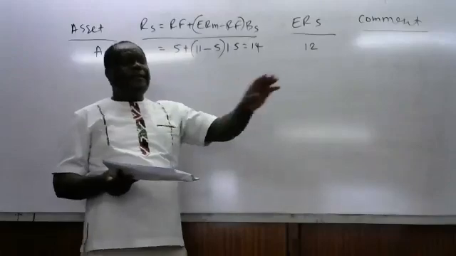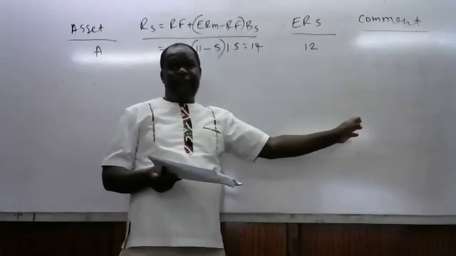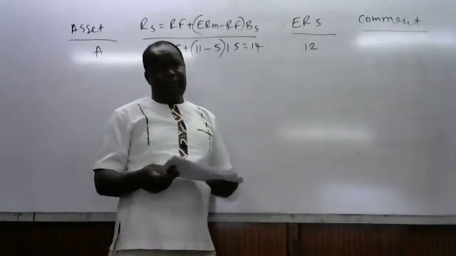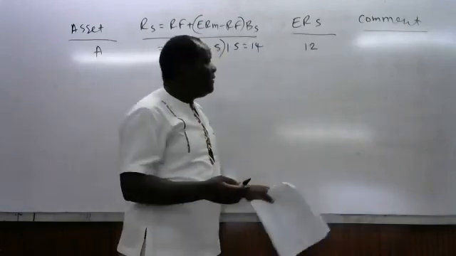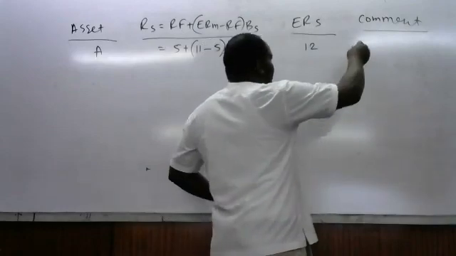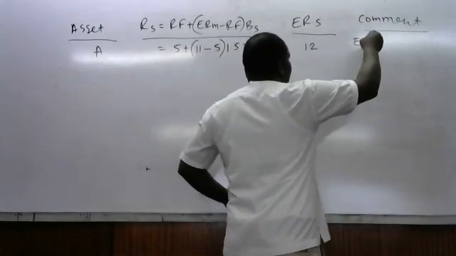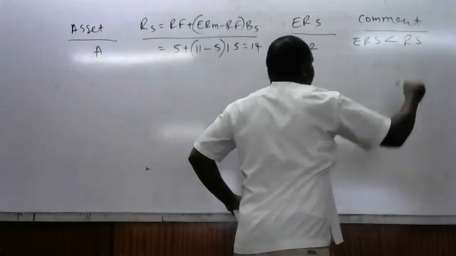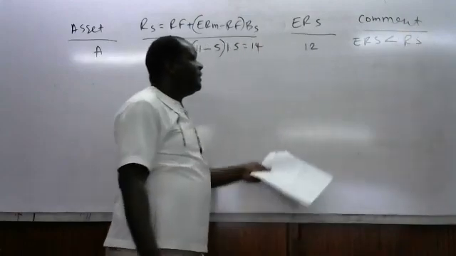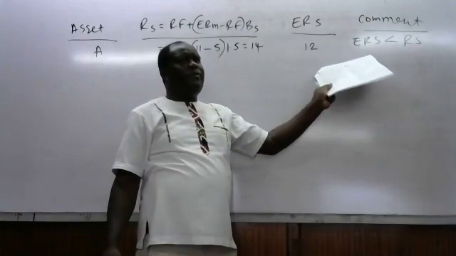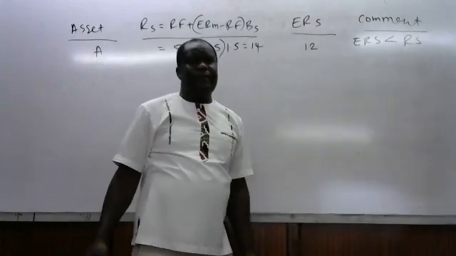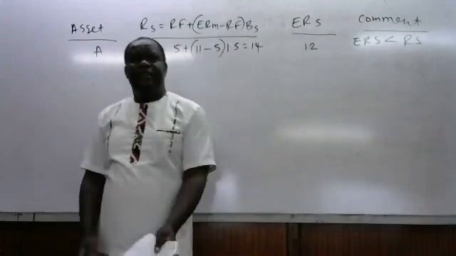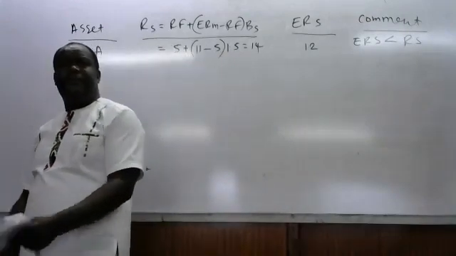Your asset gives 12, but the benchmark is 14, so it is inefficient. We conclude that since the expected return of the security is less than the return as per the security market line, it is inefficient.